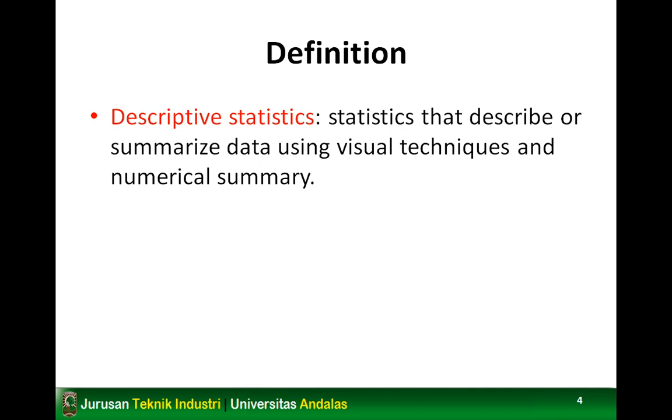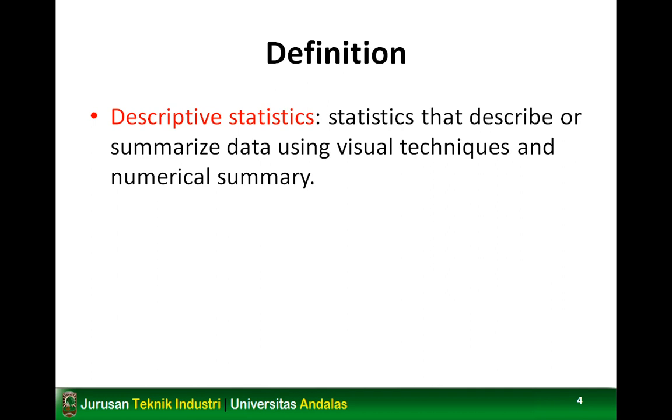What I mean by numerical summary is that if you remember in high school, you calculated the average, median, mode, range, and so on and so forth. They are numerical summaries.